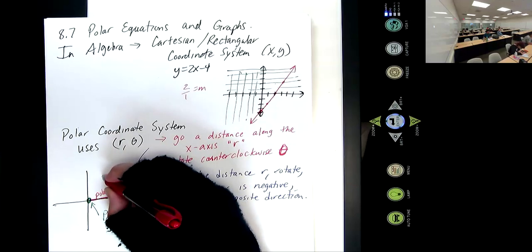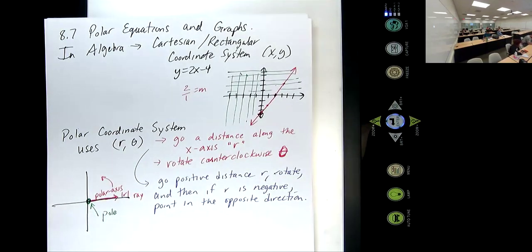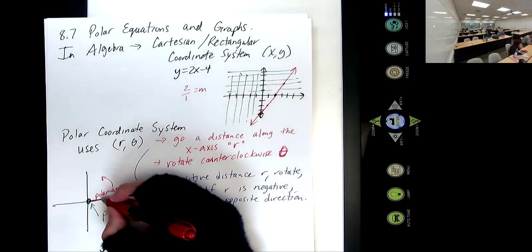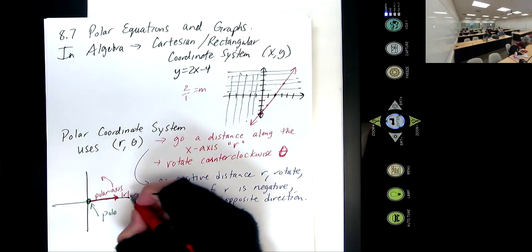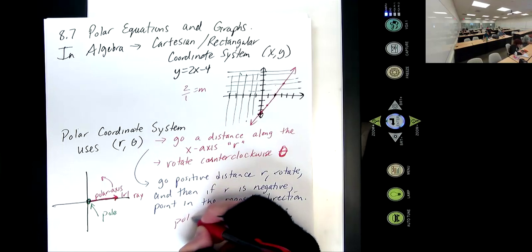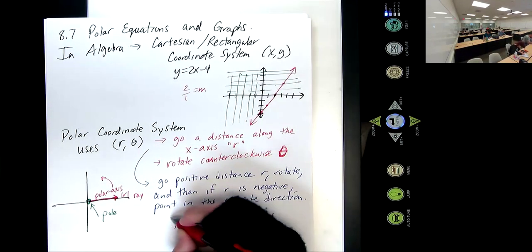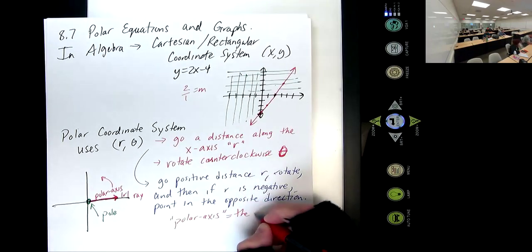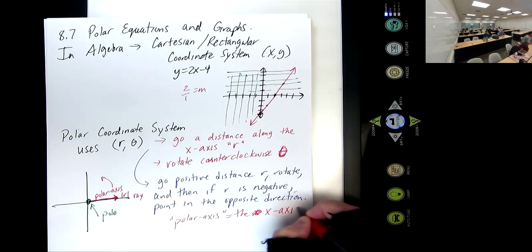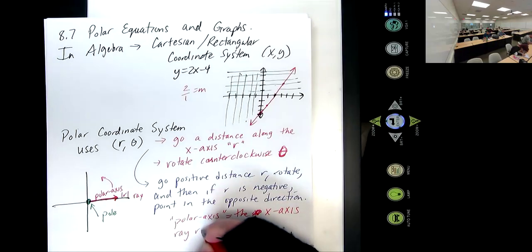And this thing rotates to where you want it. The polar axis is generally the x-axis, and the ray rotates away from it. So the polar axis is almost uniformly the x-axis, and the ray rotates counterclockwise from it.